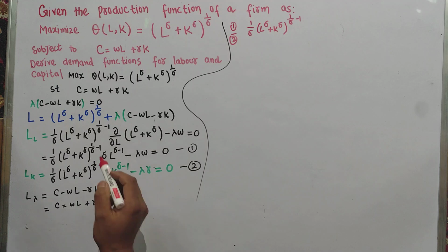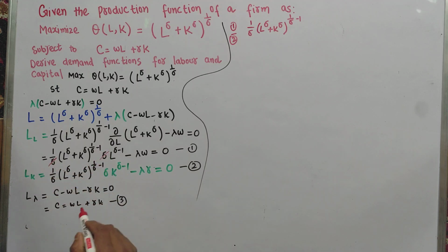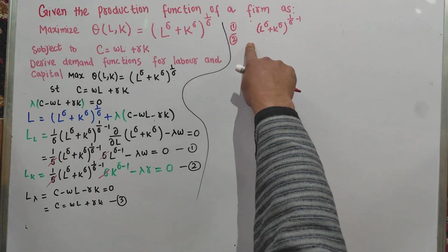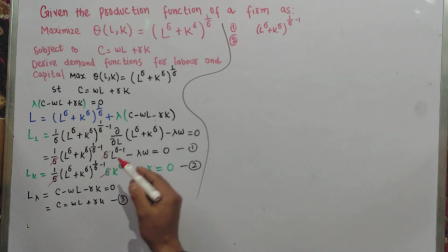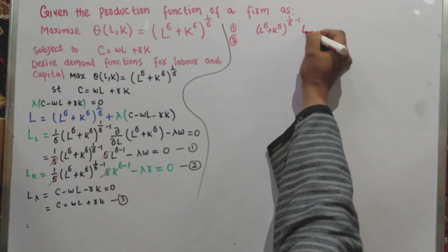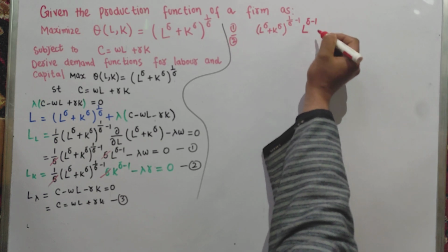Here this delta and delta gets cancelled, so I will not write this to save the space. So we have times L raised power delta minus 1.